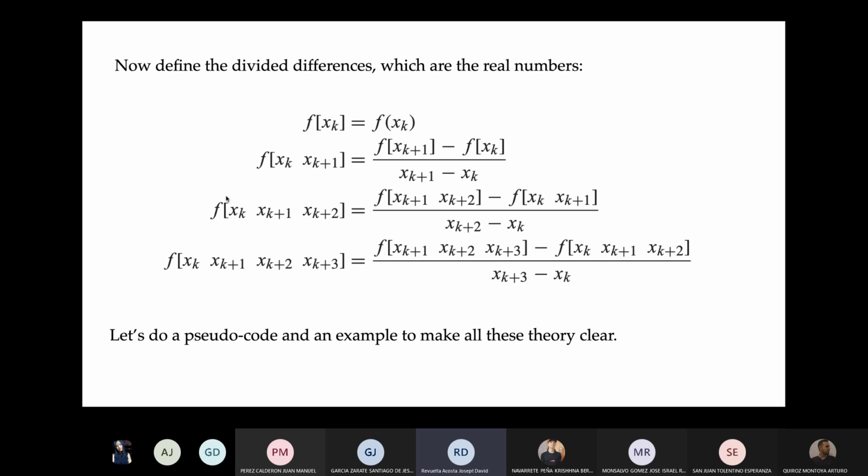When we go to the following one, we have x1, x2, x3.